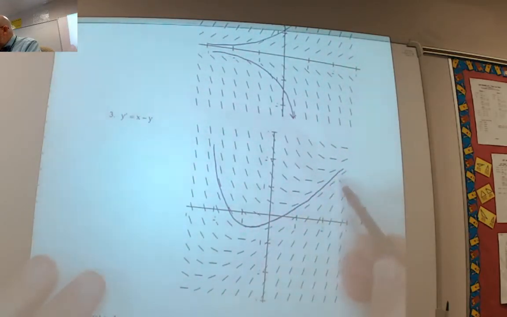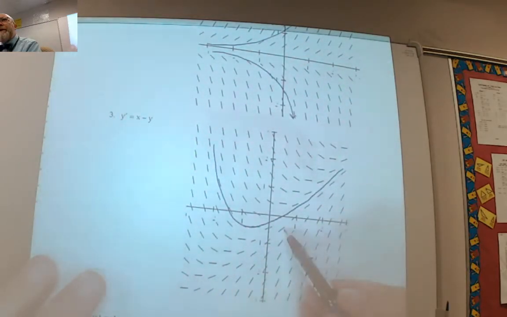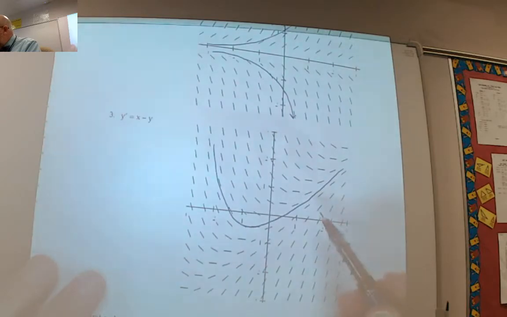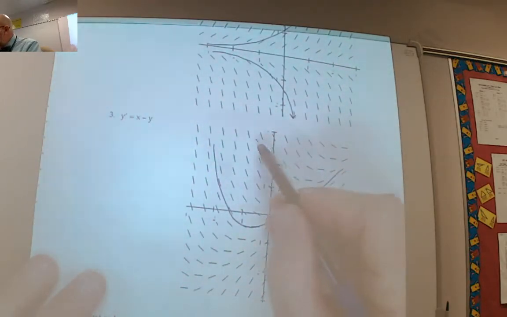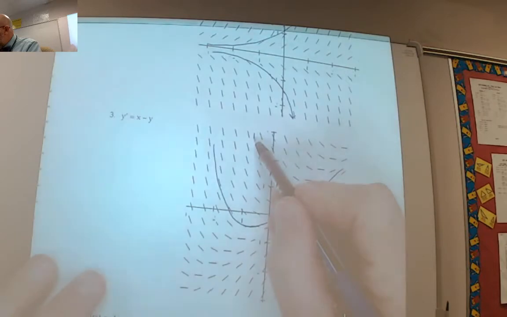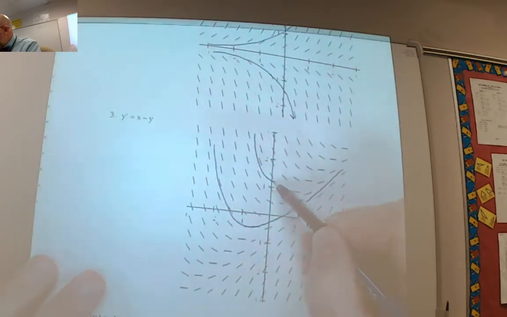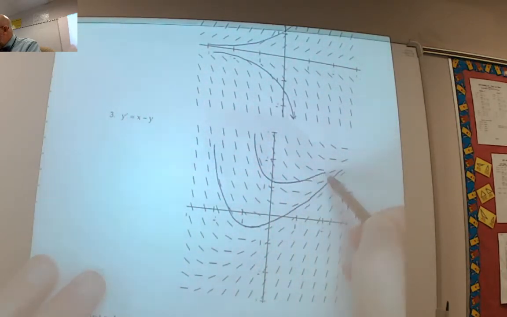See how you have this dashed line right here? It doesn't cross that, does it? And I could see that it's getting really, really close to there. So that would be a curve I would have. Let's see if I can come up with another one. Perhaps something like that.